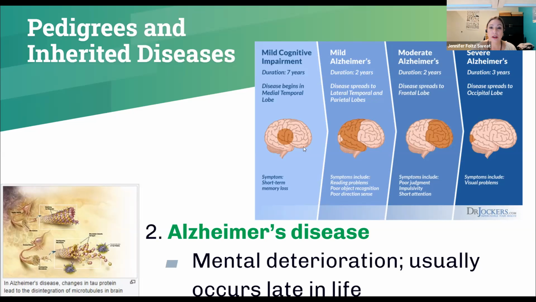It starts in the temporal lobe, spreads to the lateral temporal lobe and the parietal lobes, spreads to the frontal lobe, and then finally the occipital lobe in the back. This usually happens over like a 7-year period. The Alzheimer's that has a genetic component is a dominant disease.